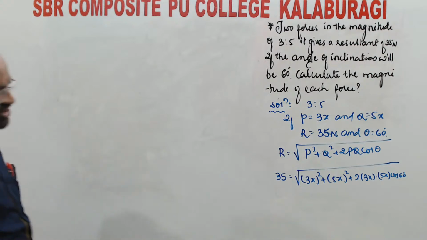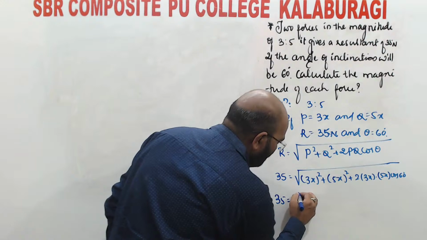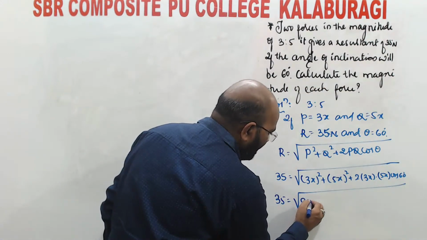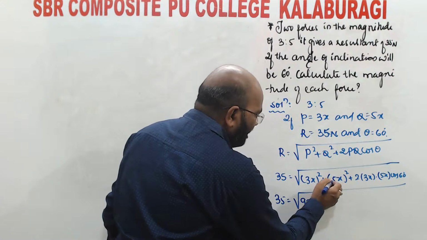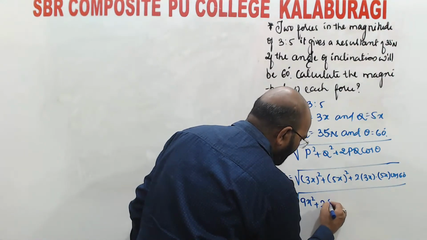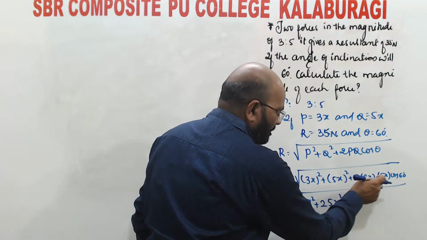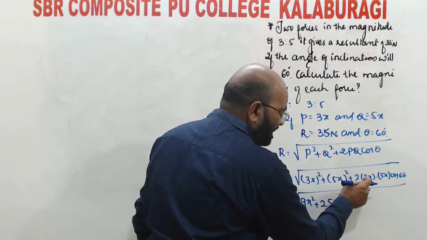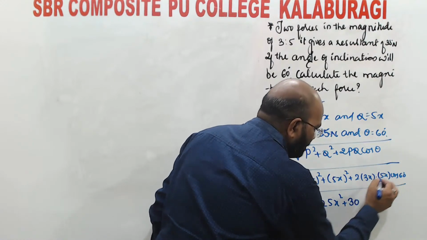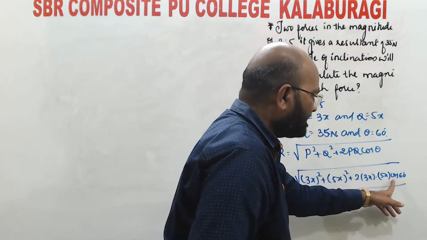Now you can solve this. 35 is equals to under root of 3 3s are 9, 9x square plus 5 5s are 25x square plus 5 3s are 15, 15 2s are 30, so 30 x square into cos 60.